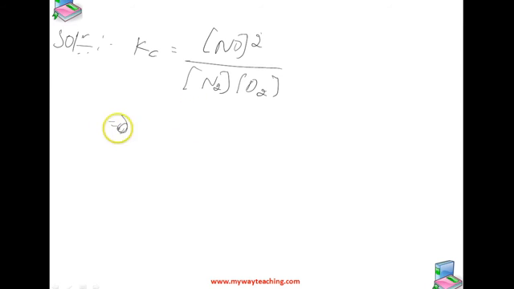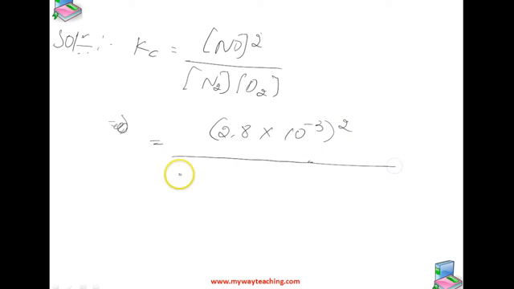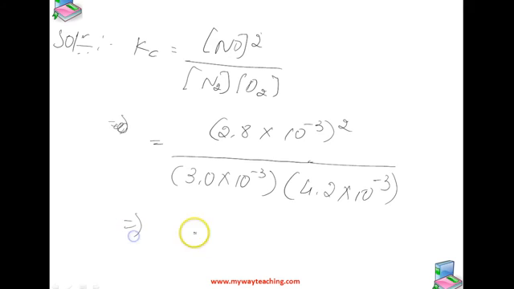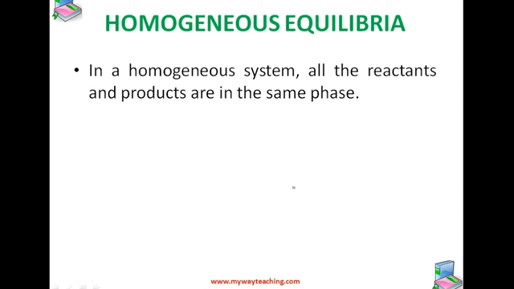After putting in the values, NO is 2.8 into 10 raised to minus 3, divided by N2 value 3.0 into 10 raised to minus 3, and O2 value 4.2 into 10 raised to minus 3. After solving, we get 0.622. This is the answer.